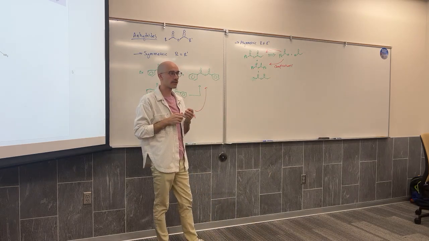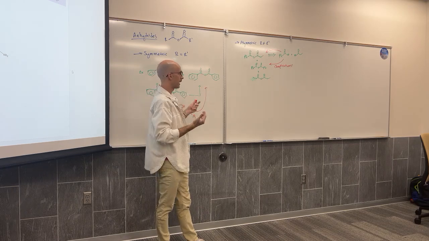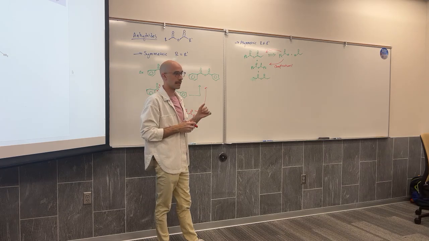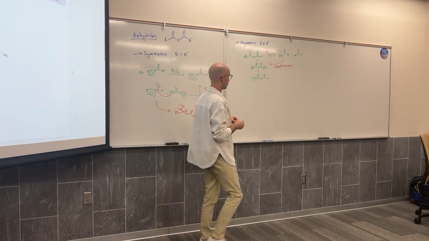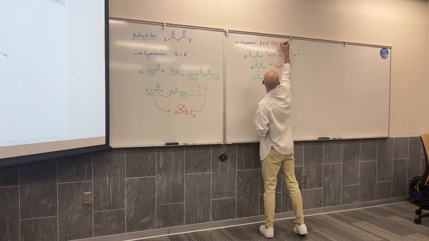So unless you're interested in getting a mixture of 3 different anhydrides, whose ratios you can't necessarily predict, making an asymmetric anhydride is best done from an acid chloride.